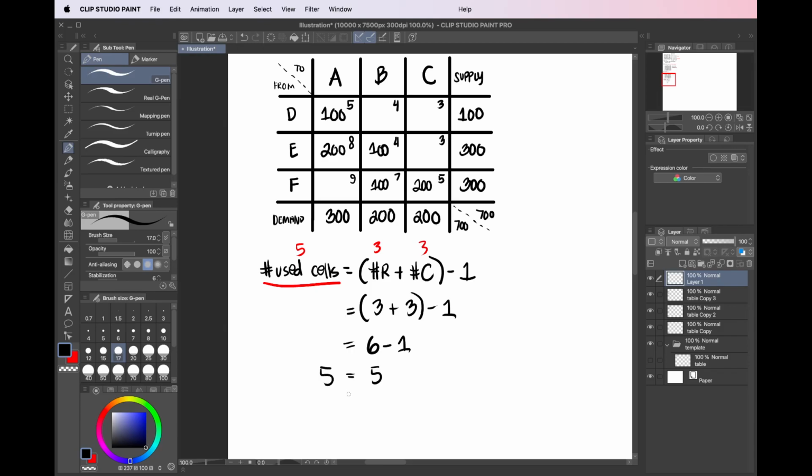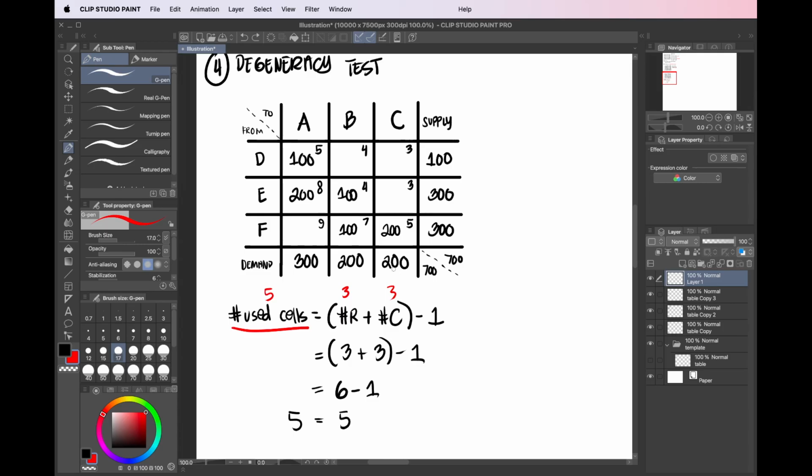Now remember, in calculating the degeneracy, it is non-degenerate if the number of allocations is equal to the number of used cells.